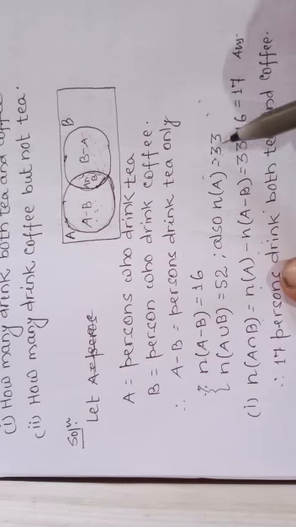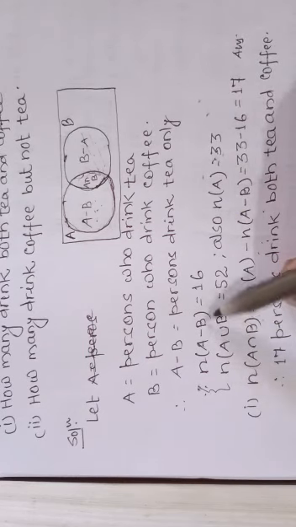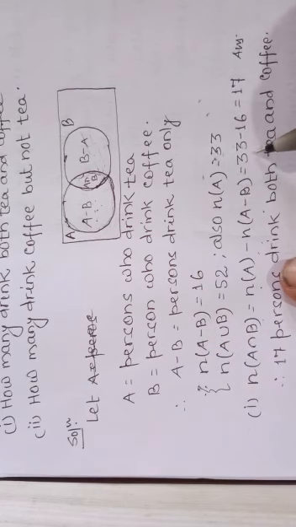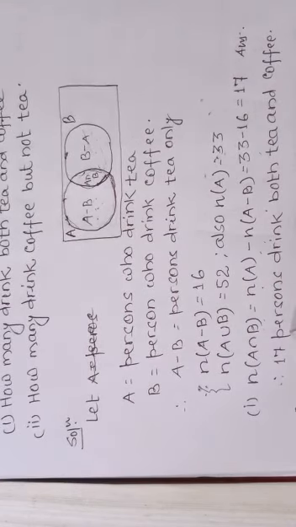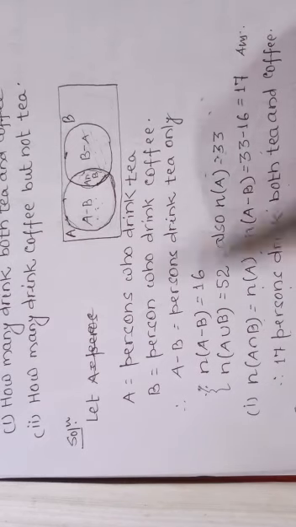The number of elements of A is 33 and A minus B is 16. So 33 minus 16 will be 17. Hence 17 persons drink both tea and coffee.